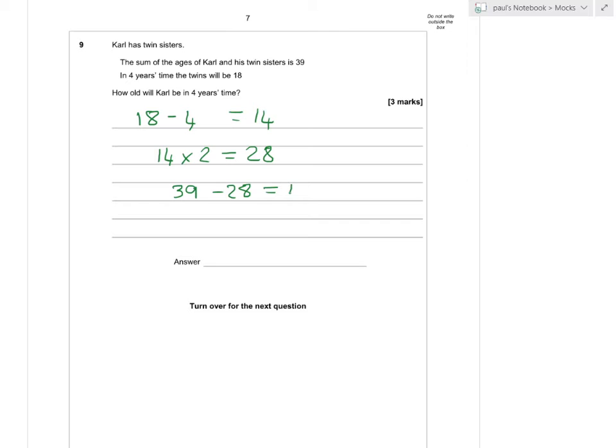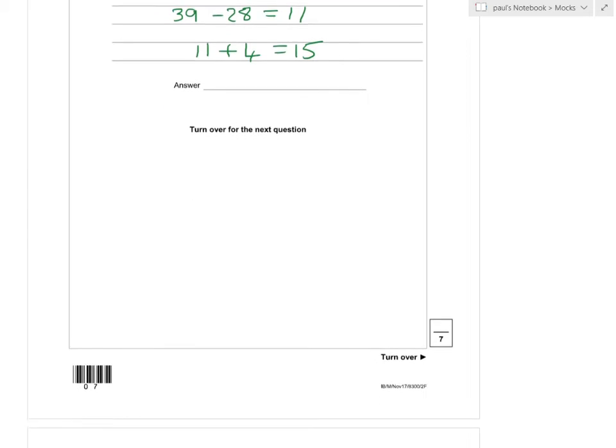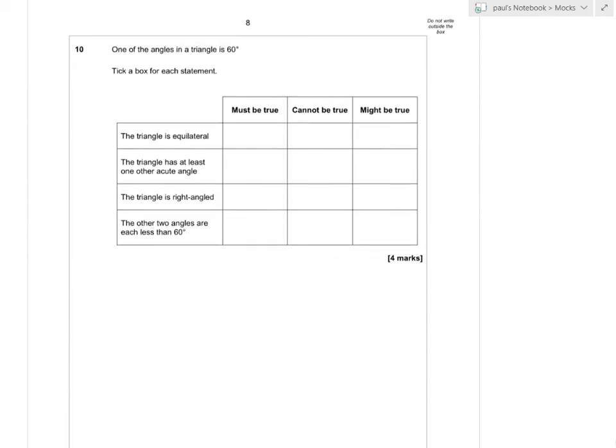Oh yes, of course it is 11. This is now, isn't it? Yeah. So in 4 years' time, Carl will be 11 plus 4, which is 15. Oh, this is making me think. This one, I don't like this one anymore, and we're only just started.